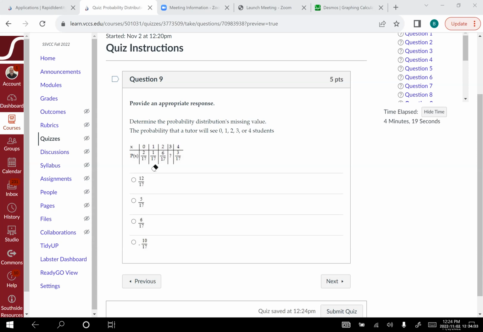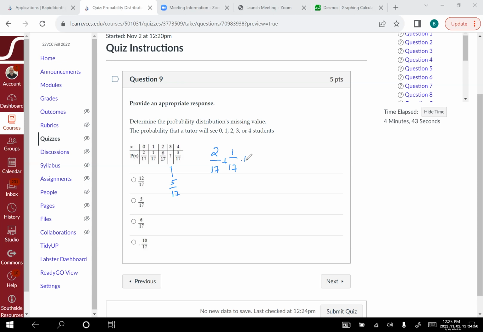Good job, Lexi. So if we put 5 over 17 in here, this is where Lexi got this. We know that if we add up all these probabilities, they have to sum to 1. That's one of our properties. So let me add them up without the one she told us.